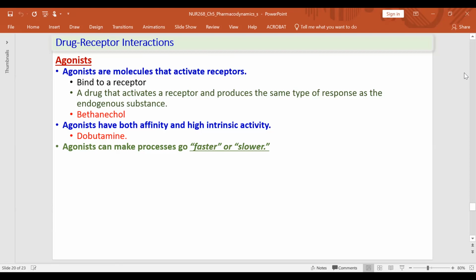And an agonist doesn't mean that it is always going to make the processes go faster. Sometimes it will make it go slower. For example, acetylcholine slows the heart rate.